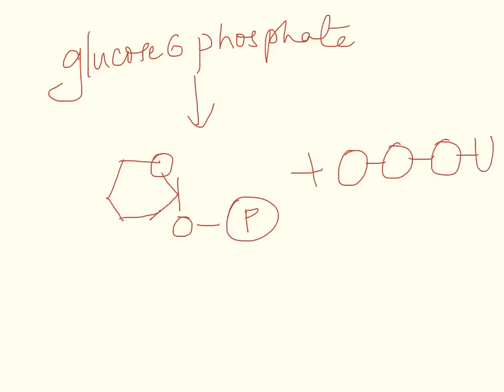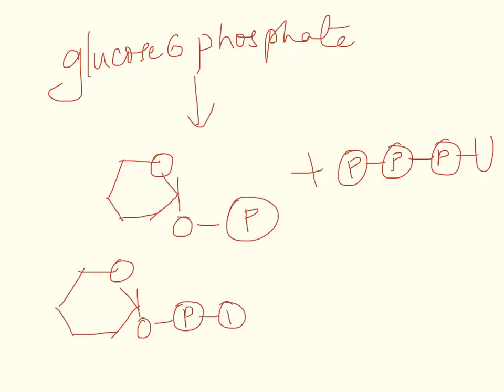So uridine triphosphate will react with this, and it will give rise to, this should be oxygen right here, a phosphate linkage, uridine. Okay, this is known as UDP glucose.